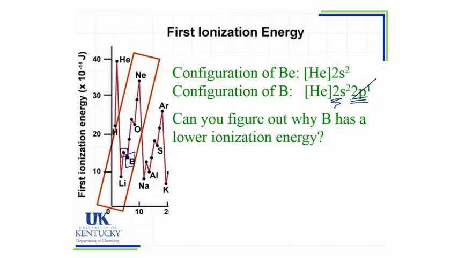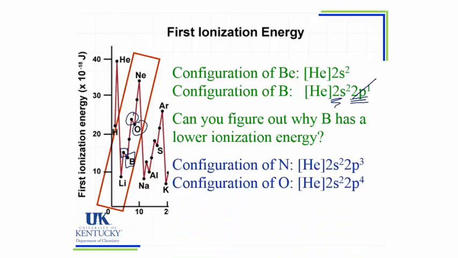Now let's look at the next drop. The next drop goes between these two elements. The first one is nitrogen, and the next one is oxygen. So we could look at the electron configuration of those two. Nitrogen is 2s2 2p3, whereas oxygen is 2s2 2p4.